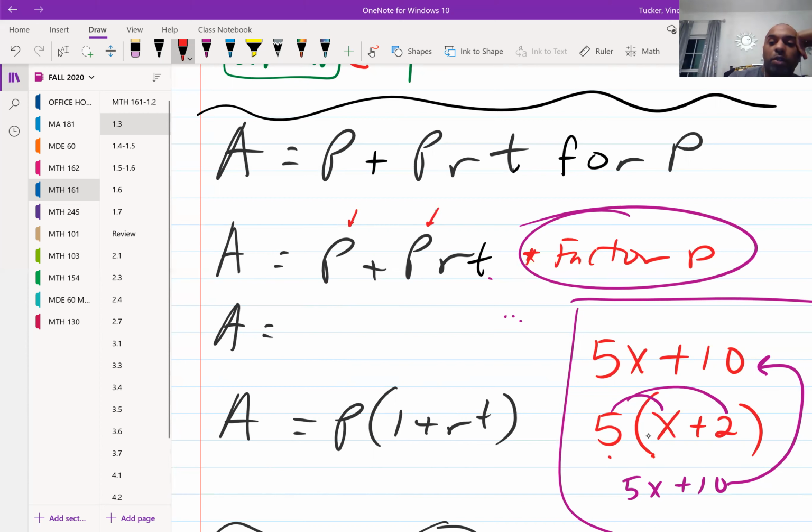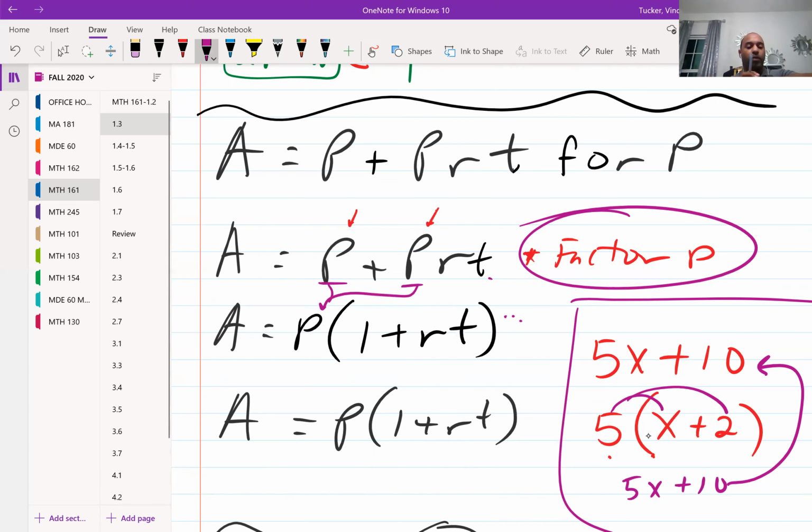So what we can do here is factor P out of each term. So this P right here and right here goes to the outside. And then what's in the parentheses is what's left.